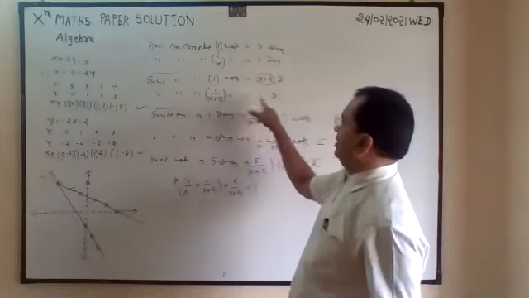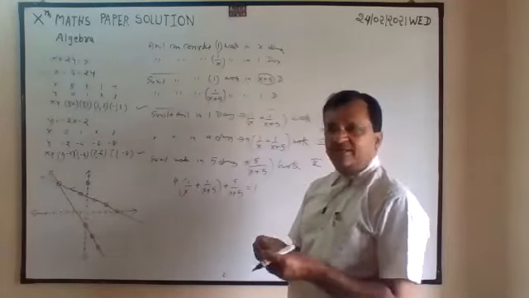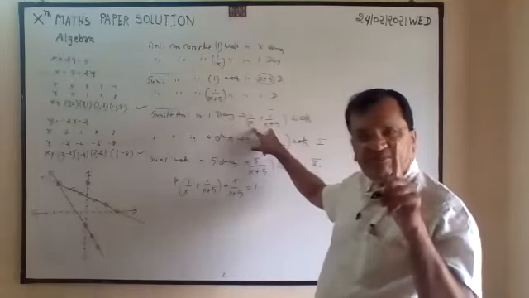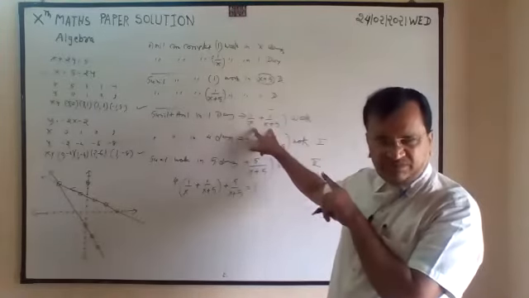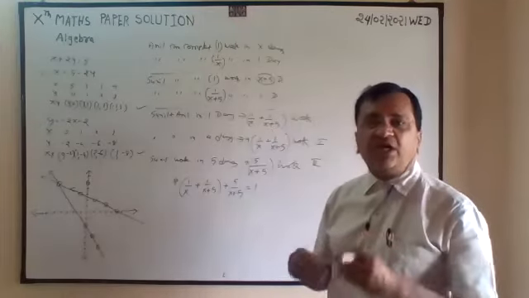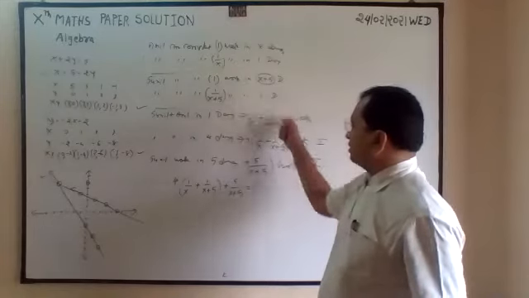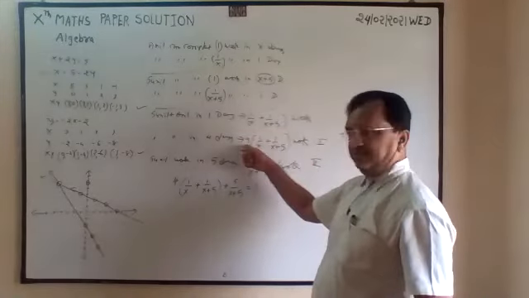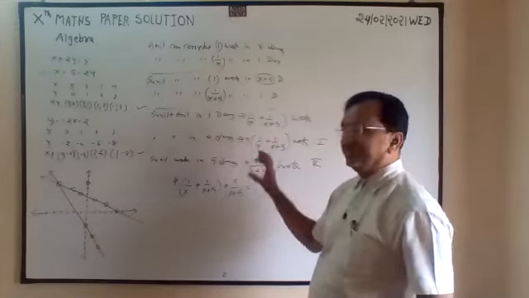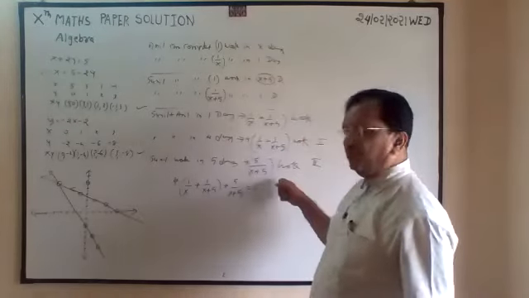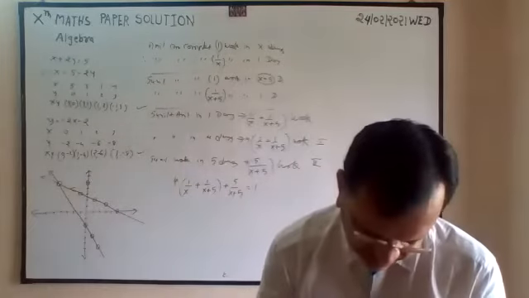Together, in one day this much work will be done. But they work together for 4 days, so 4 times this combined work will be done. The rest of the work only Sunil will complete in 5 days.